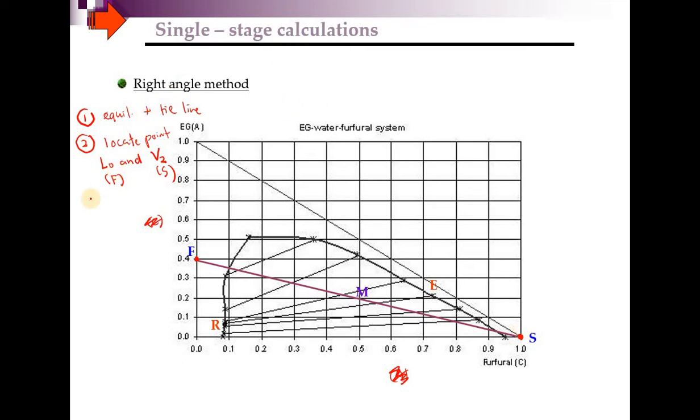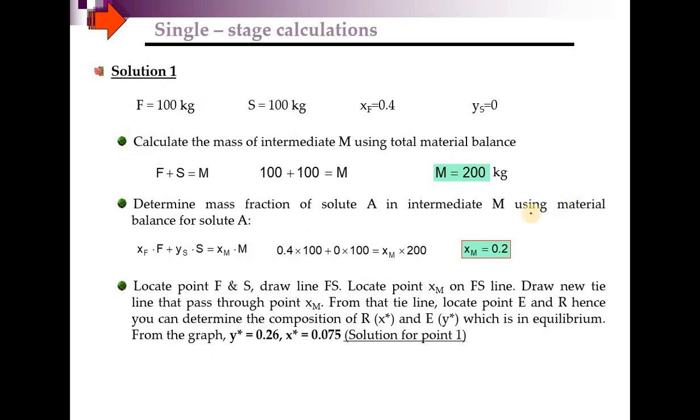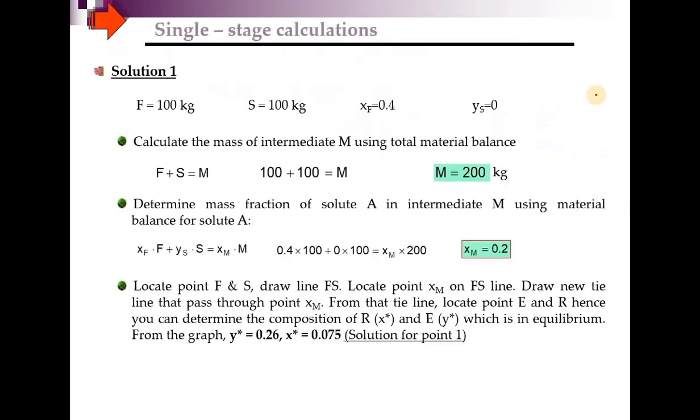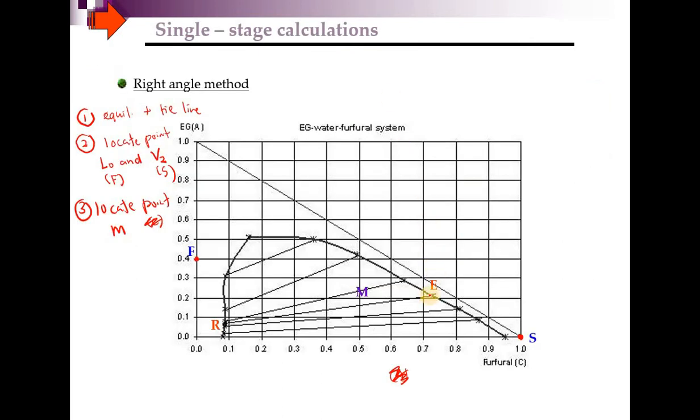Next you locate the point M. Point M, you already found the coordinate, 0.2 and 0.5, so you find 0.2 and 0.5 here. If you don't have the full coordinate, it's okay.